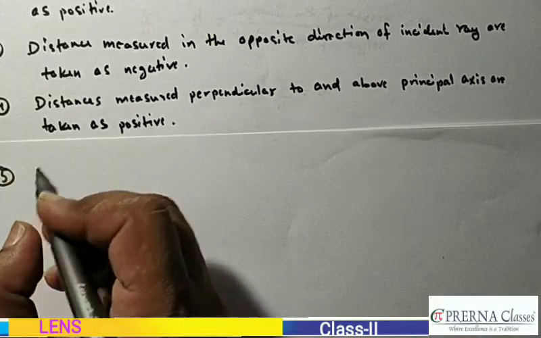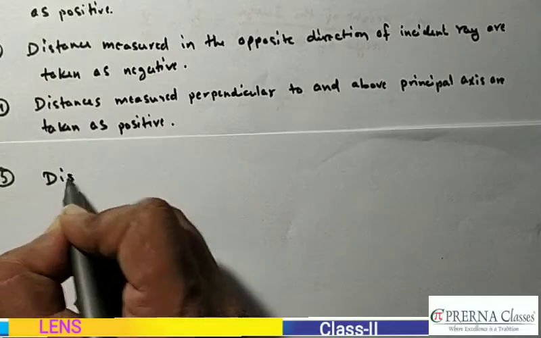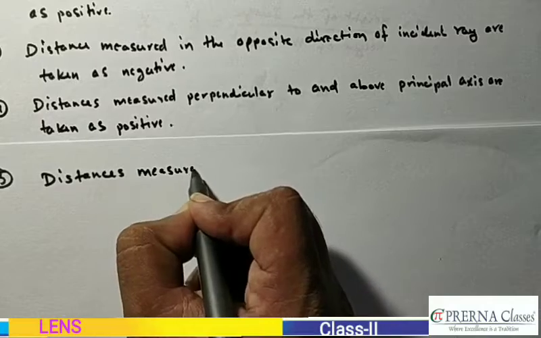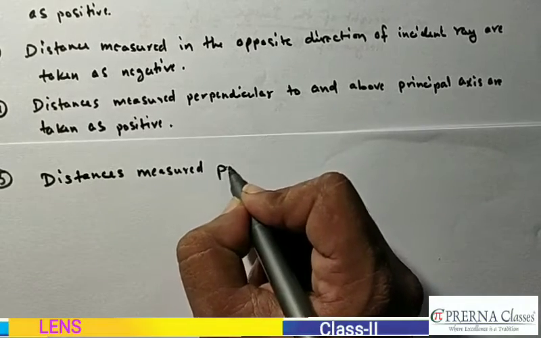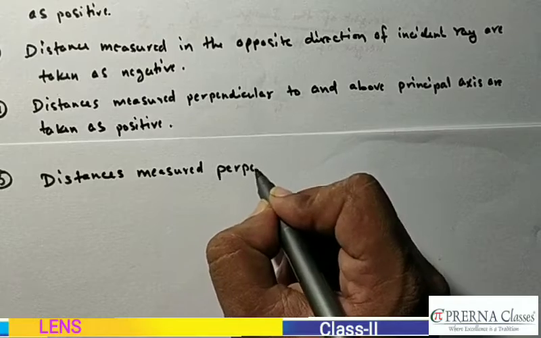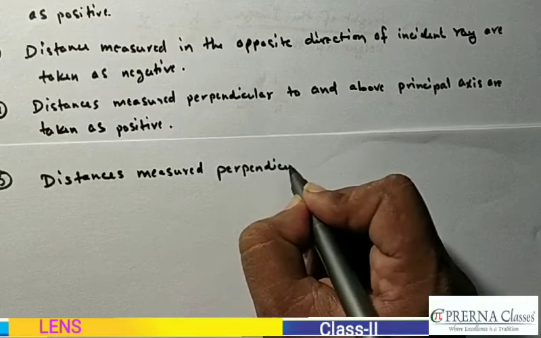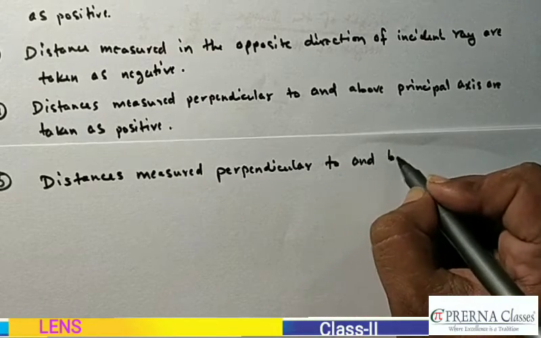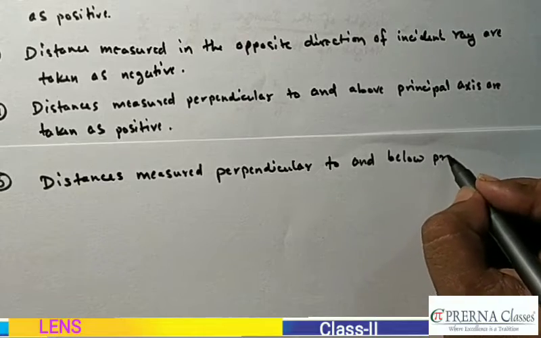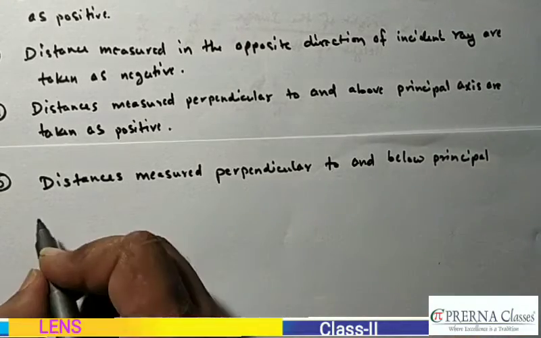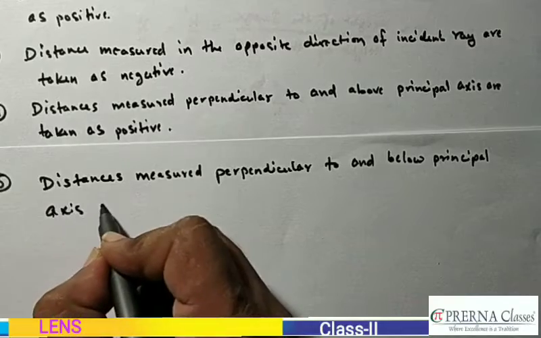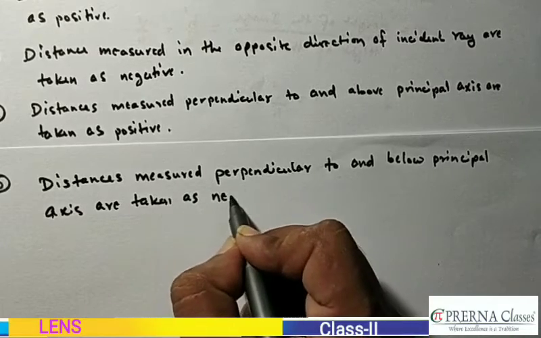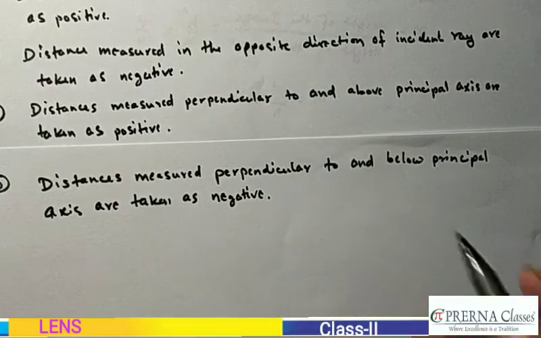And fifth point: distances measured perpendicular to and below the principal axis are taken as negative.